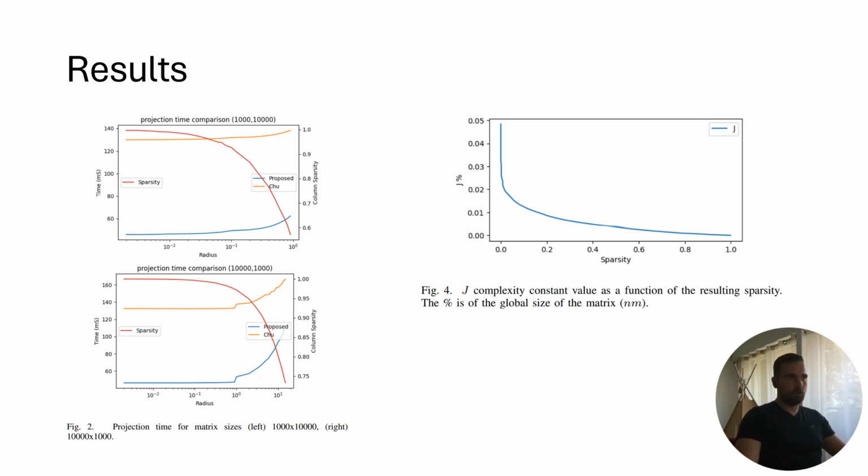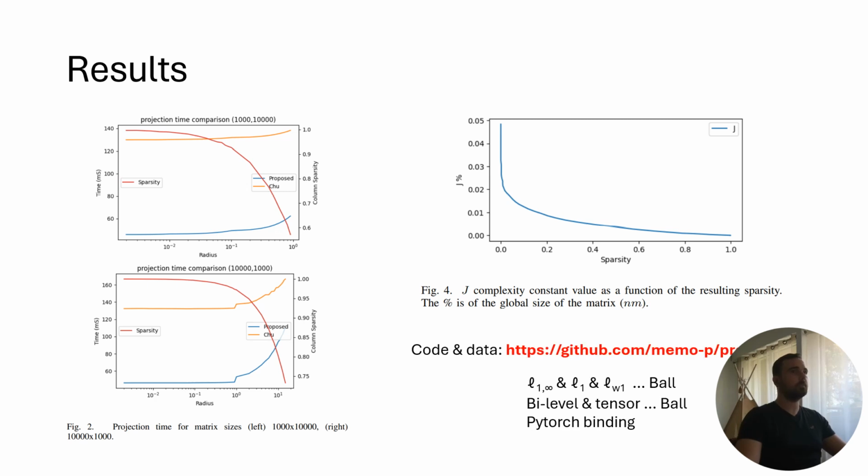But also, and that's the most important thing, when the sparsity almost hits 0, and even at 0, the j value is around 5% and 2% of the matrix size. So the j value is always really small.